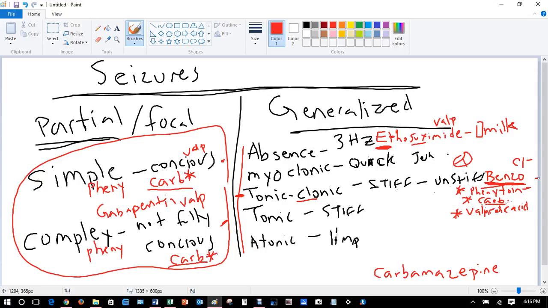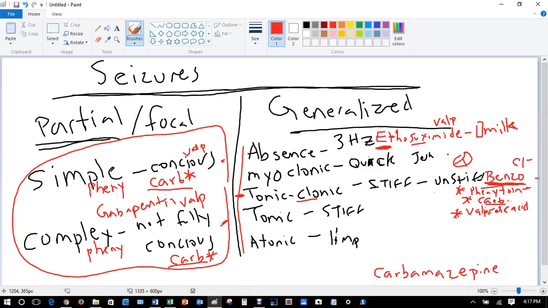Liver toxicity, teratogenesis, induction of cytochrome P450 as well, although this one was also a CYP3A4 for it, and as well as, trying to remember here, 2C19, I believe, as well. Has SIADH, which is syndrome of inappropriate antidiuretic hormone, and Stevens-Johnson syndrome as well.